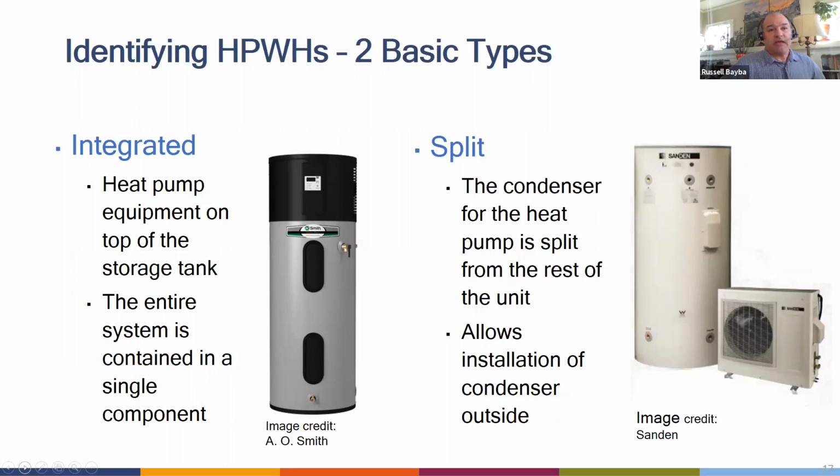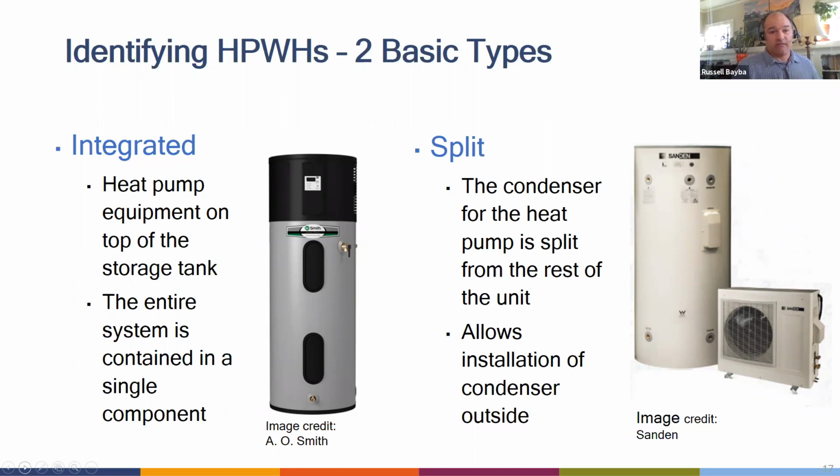Okay, so identifying what kind of heat pumps you have, and here there are two main differences. There's the integrated all-in-one system, and then there's a split where there's a tank inside and then a condenser on the outside, much like a typical split AC system for heating and cooling.